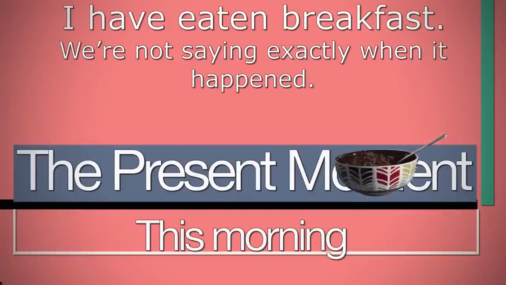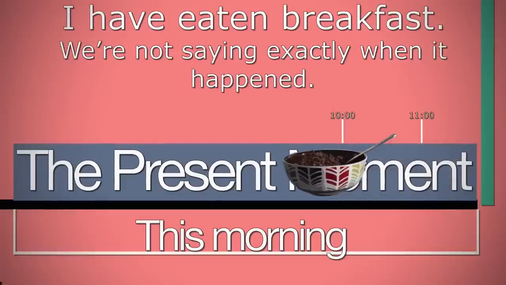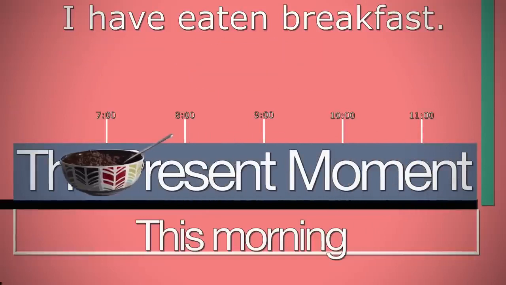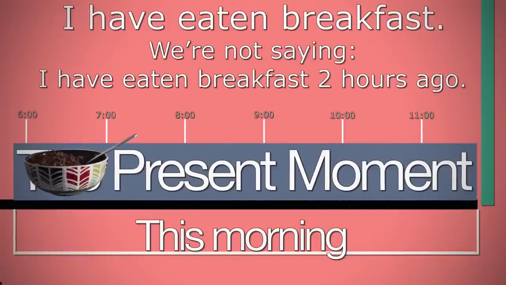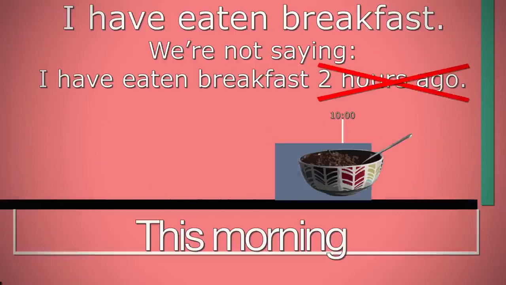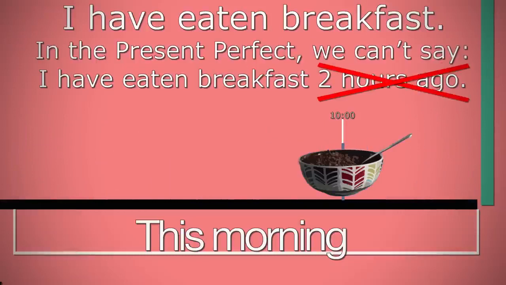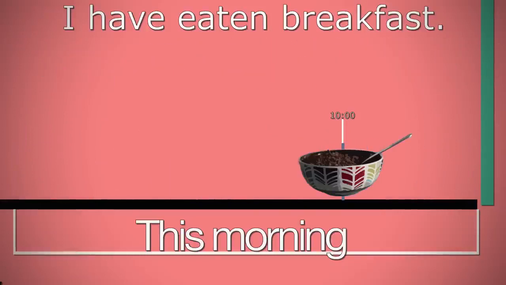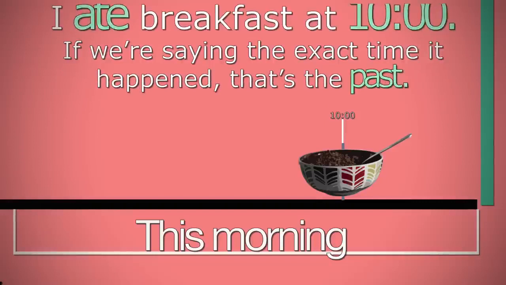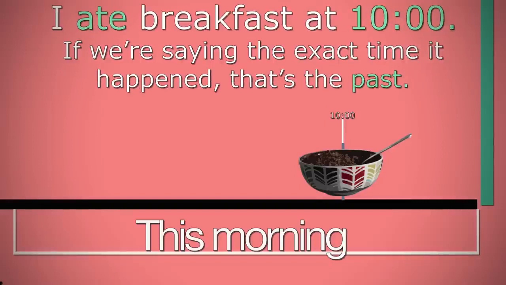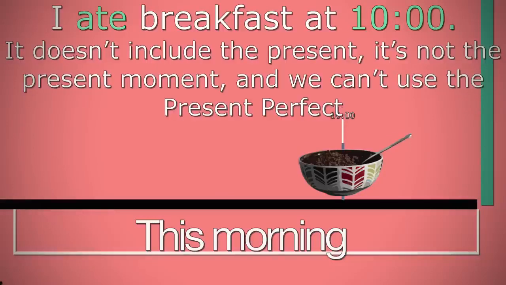Now, we're not saying exactly when it happened. We're not saying, I have eaten breakfast 2 hours ago, because we can't use that with the present perfect. If we're saying the exact time that it happened, that's the past. It happened in the past. It doesn't include the present. It's not the present moment, and we can't use the present perfect.